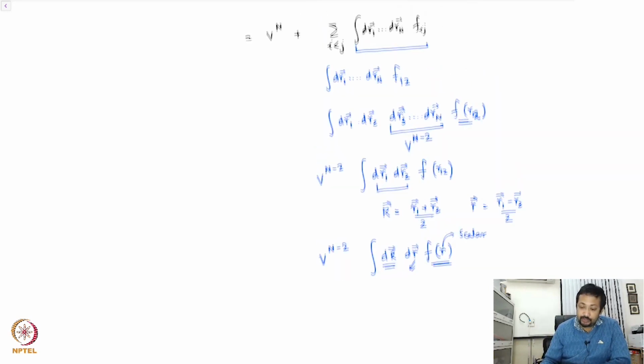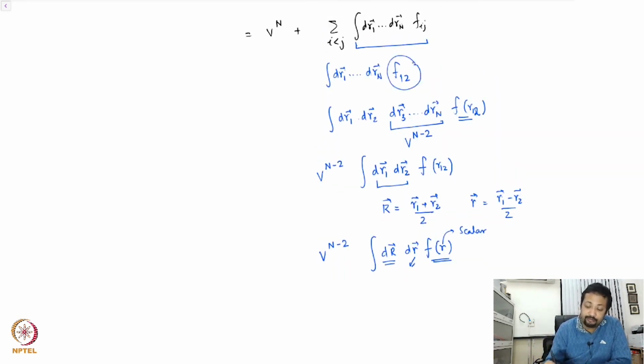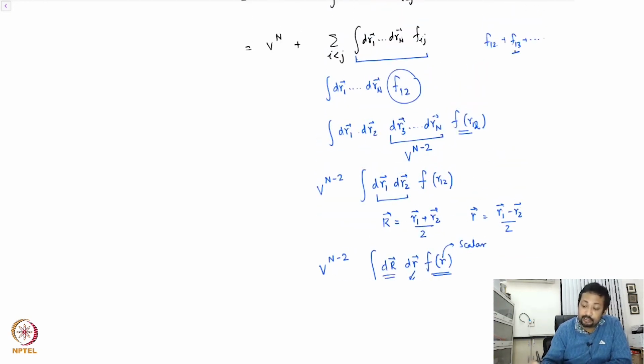Now this we did with one such term. So if I write down this, open up this sum, I will have f12 plus f13 and so on and so forth. I could have chosen f13 here.